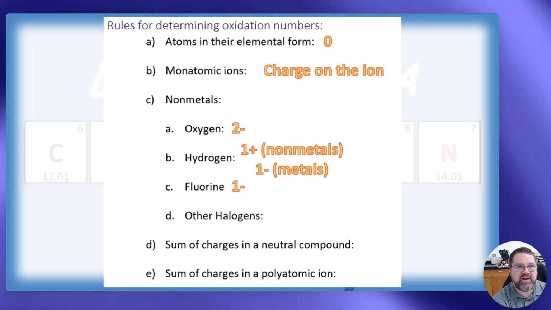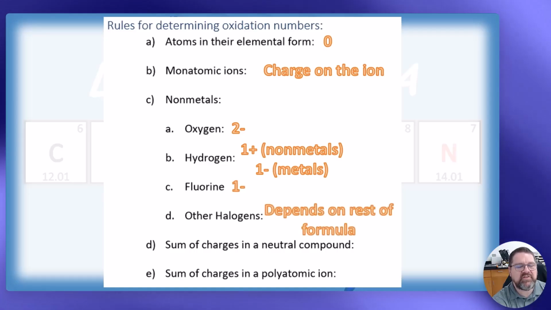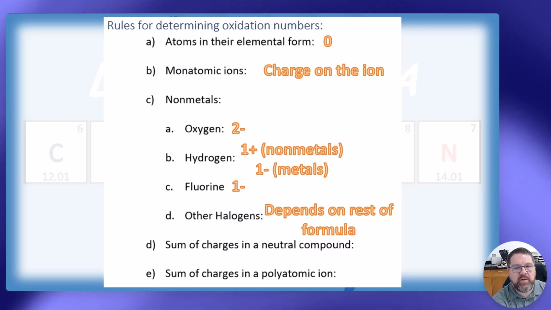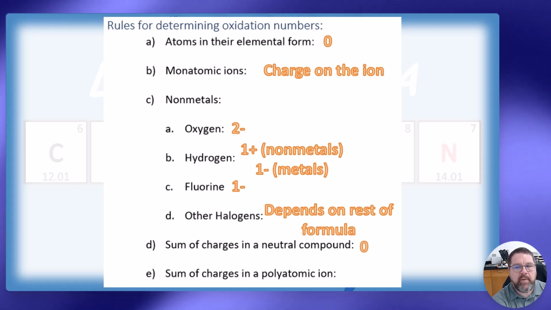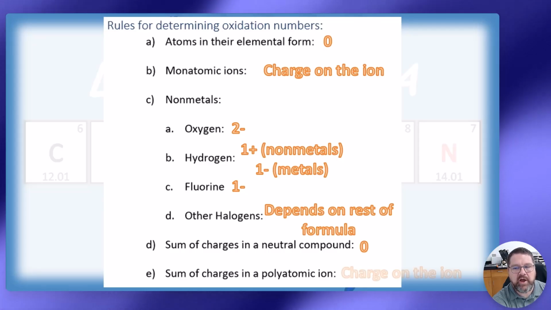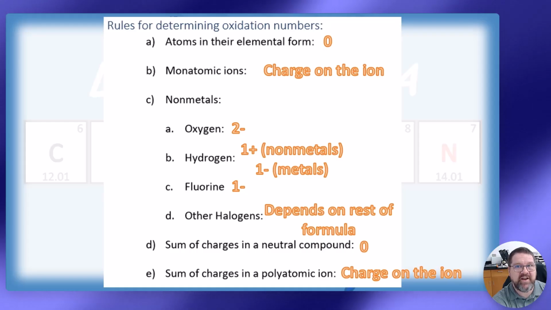Fluorine is usually a -1. And your other halogens, it really depends on what the rest of the formula is and how many oxygens are bonded with it. The sum of charges in a neutral compound should come out to 0. The sum of the charges of the elements in a polyatomic ion should come out to whatever the charge on the ion itself is.